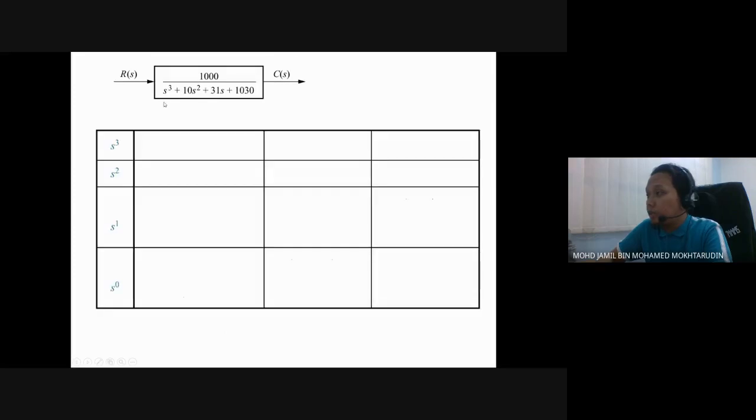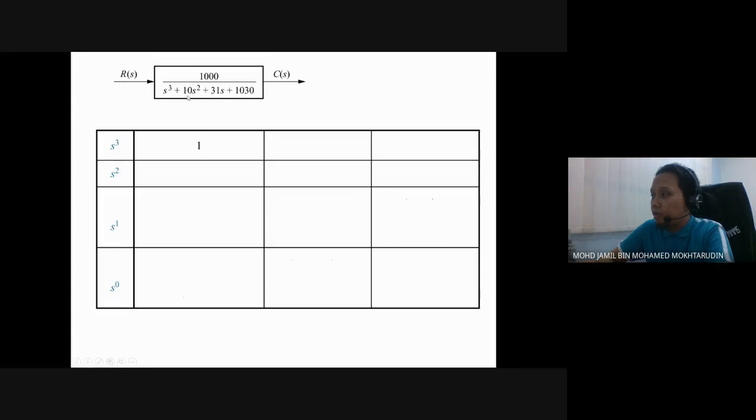So the first step is we develop a Routh-Hurwitz table by having the highest row as the s cubed, because s cubed is the highest order of the denominator, followed by s squared, s1, and s0. The second step is to fill the two rows above of the Routh table by the coefficients of the denominator alternatingly. So first we put 1, because the coefficient of s cubed is 1.